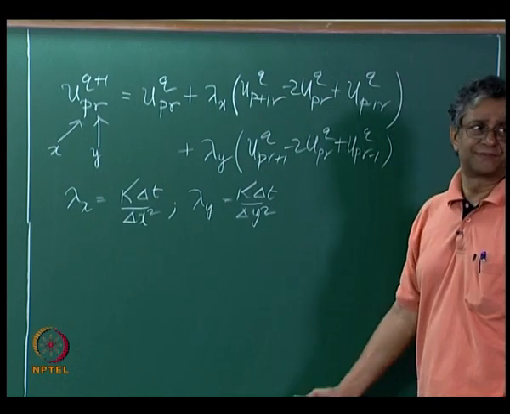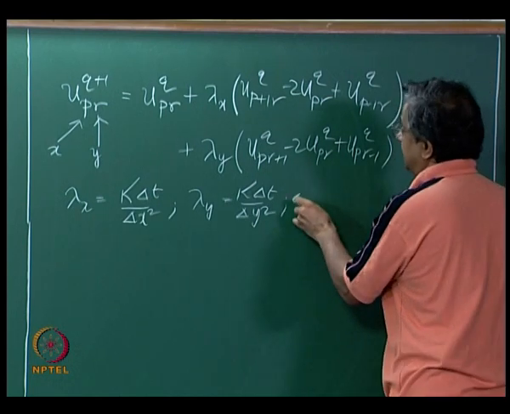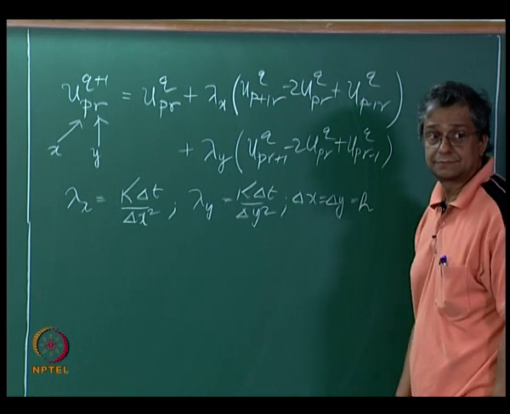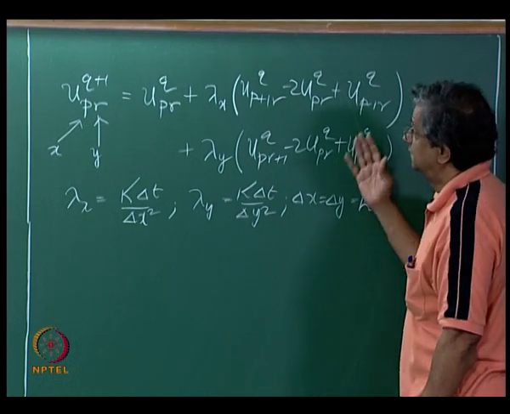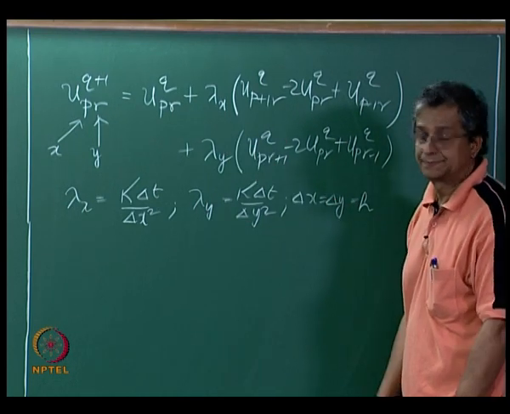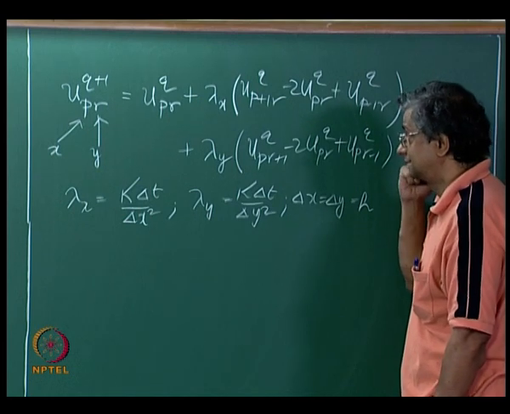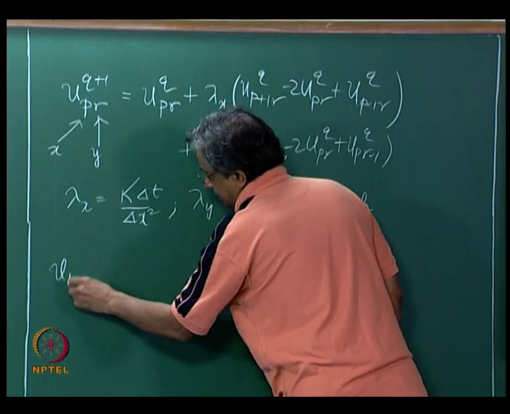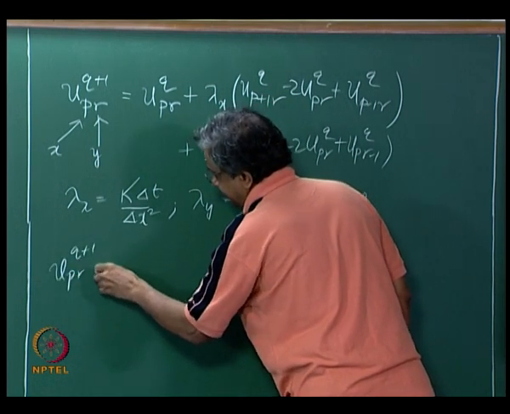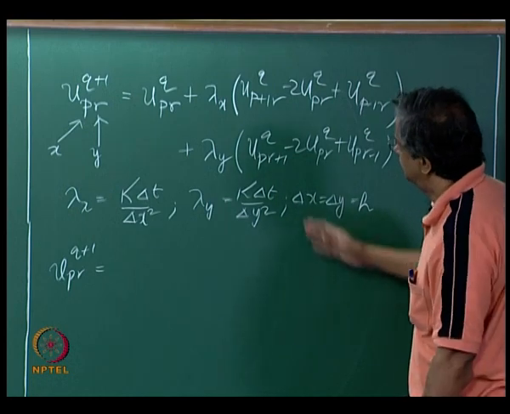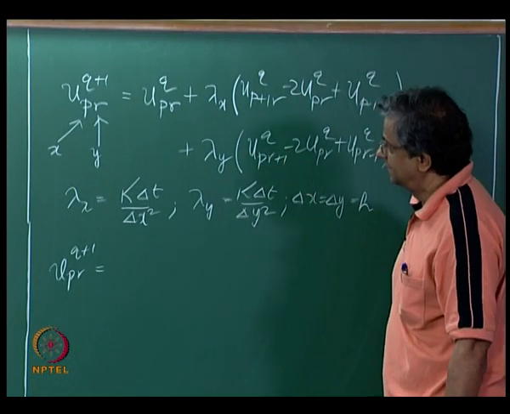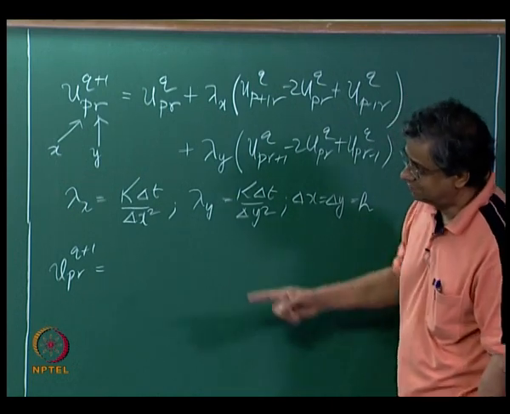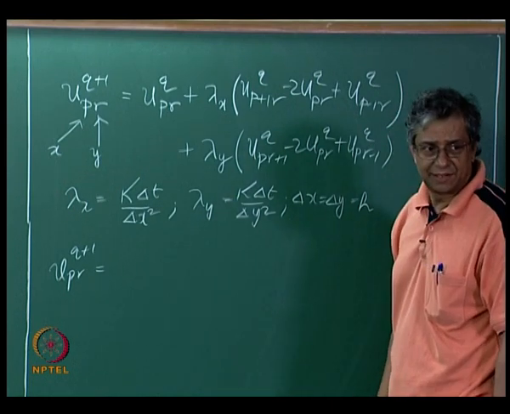To keep life simple, I am going to make delta x equals delta y equals h. Okay. So I can then combine these. What does this give me? U_PR^(q plus 1) equals all of this. I am going to do the same thing in the 2D case that I did in the 1D case.